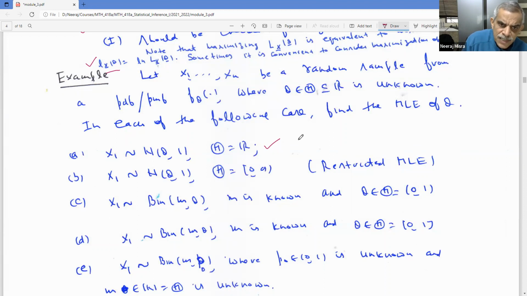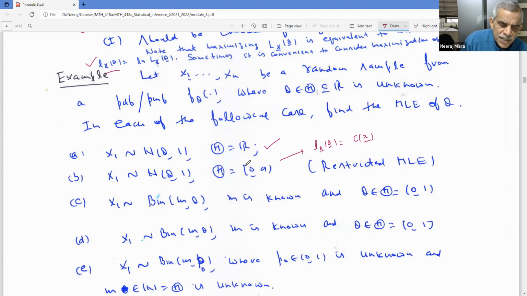So what happens? When I look at your likelihood function, in fact, I can look at the log likelihood. Variance is 1, so (1 upon root 2 pi) to the power n becomes a constant. Minus summation xi square by 2 also I can absorb in this constant, which is a function of x.